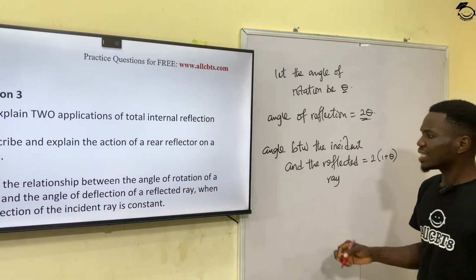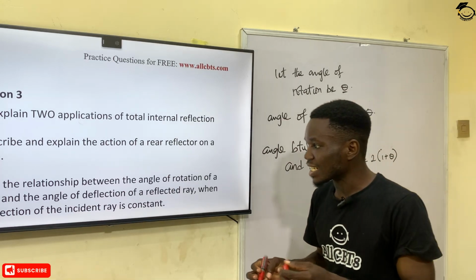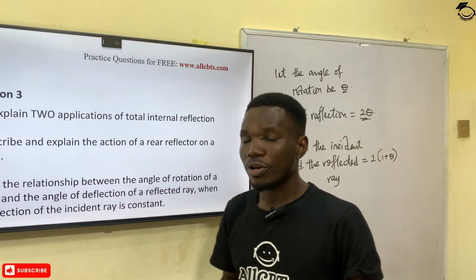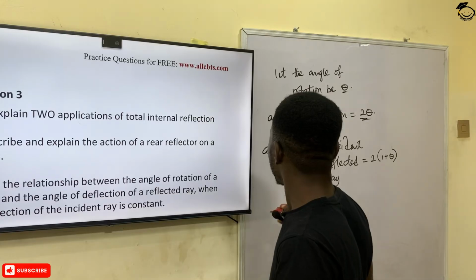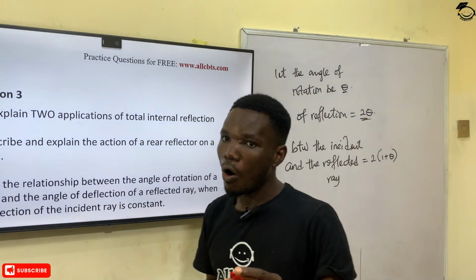So this is the relationship that exists between the angle of reflection and your angle of incidence as well as your angle of rotation.